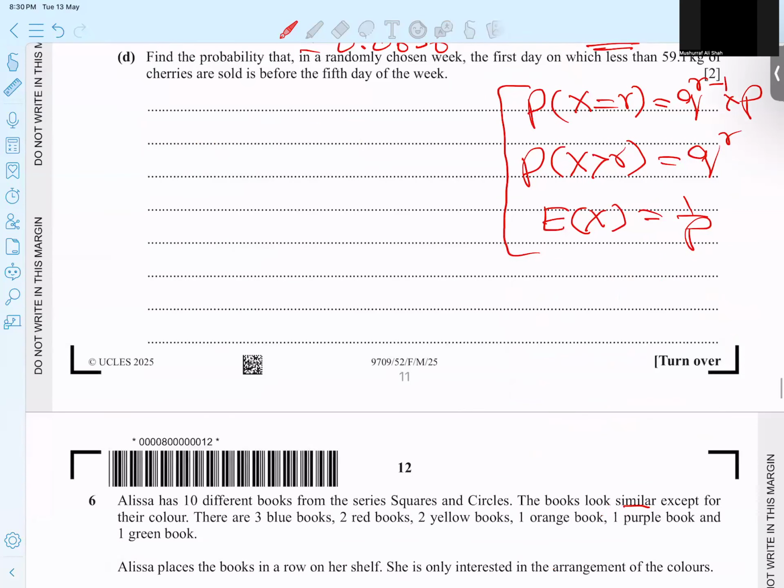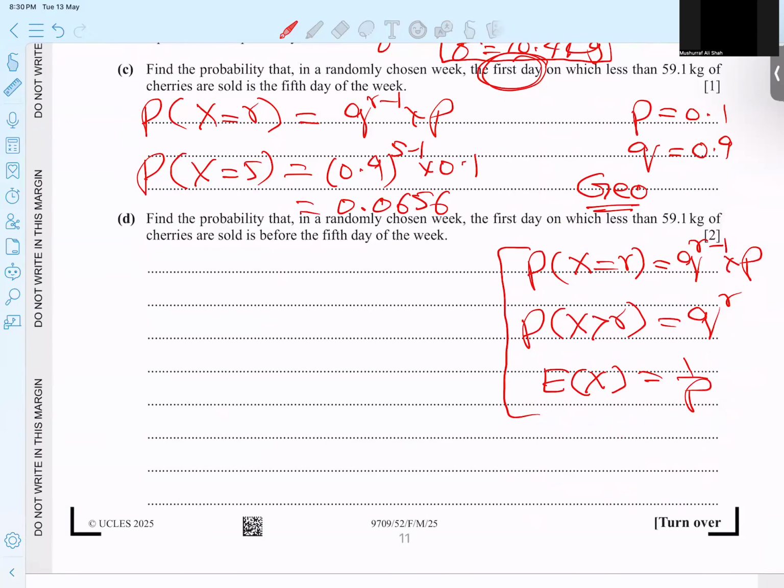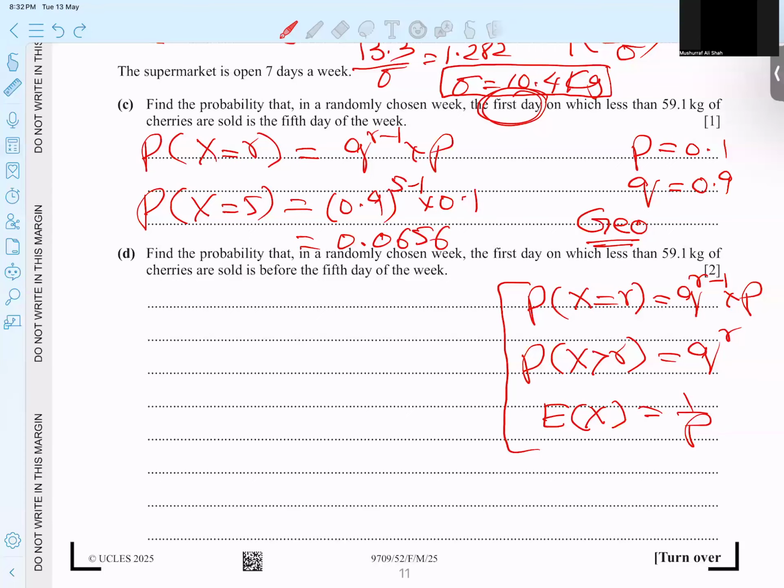Let's talk about the last part. Find the probability that in a randomly chosen week, the first day on which less than 51.1 kilograms of cherries are sold is before the 5th day. Look at here. I show it on a number line so you can understand easily.